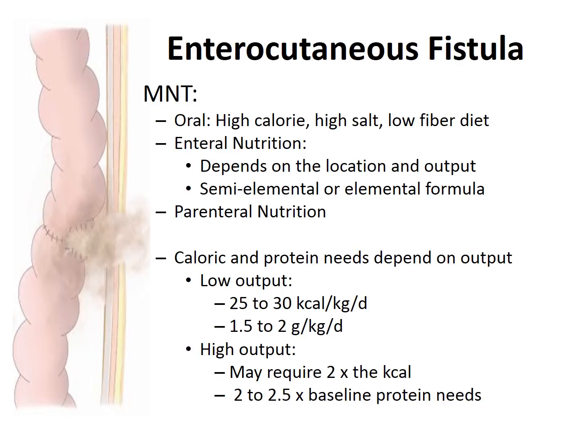While with high output, you may need as many as 2 times the normal calorie amount and 2 to 2.5 times the normal protein needs. This is due to the fecal matter being removed and nutrients not being absorbed like they should be. It's important to note that up to 75 grams of protein may be lost and not be absorbed like normal.